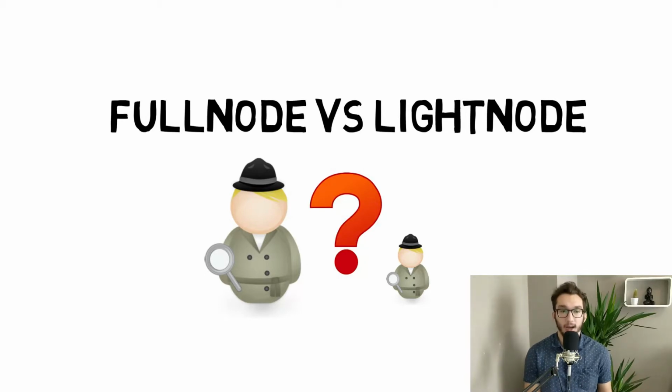Then we have these light nodes, or also called light wallets, that are mainly used in apps or programs that you use for your wallet. So a light node is normally used for that. They are served by a full node. Most of the time, for example with your smartphone, you don't have that much storage to create a full node. That's why these light nodes are connected to a full node. And they still do some checking themselves.